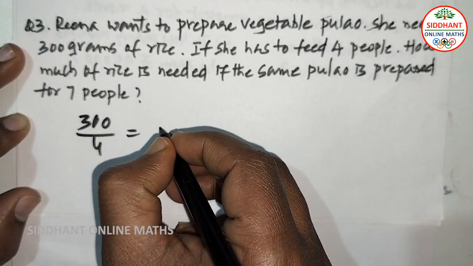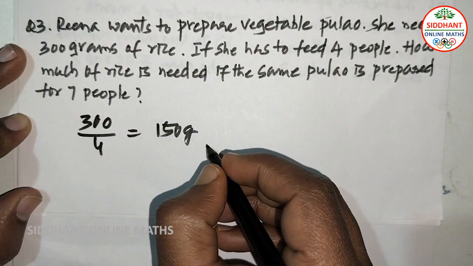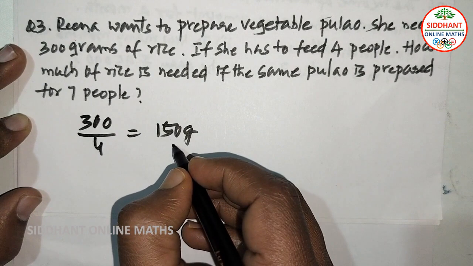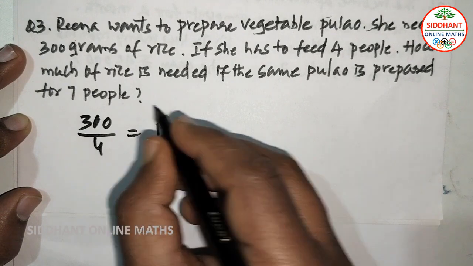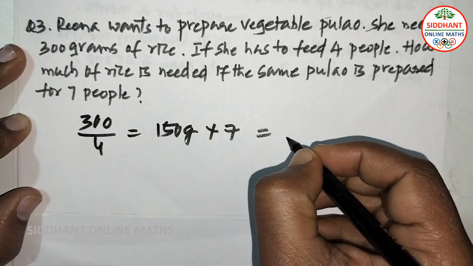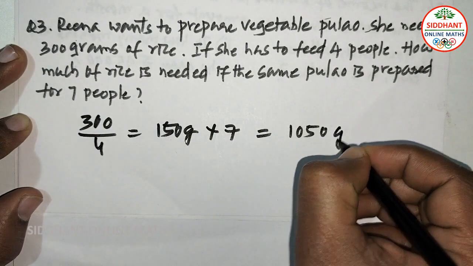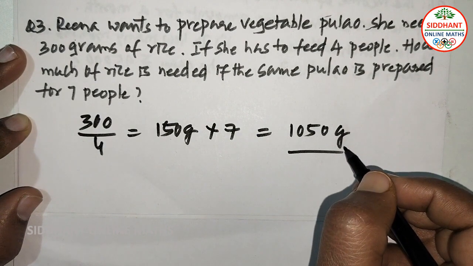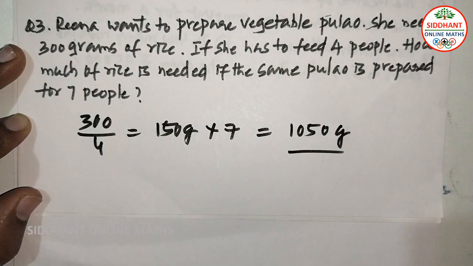That gives 75 grams of rice required for each person. So for one person 75 grams. Then for 7 people how many? That means 75 into 7. That gives here 525 grams of rice is needed to prepare a pulao for 7 people.